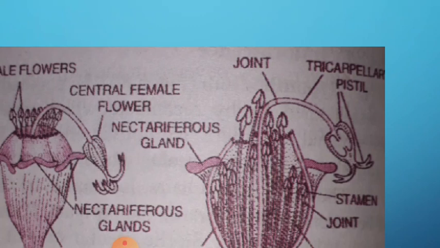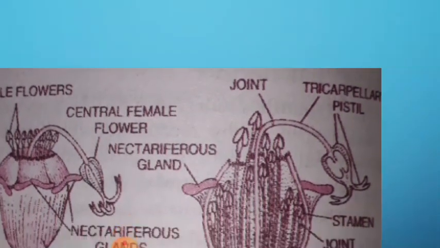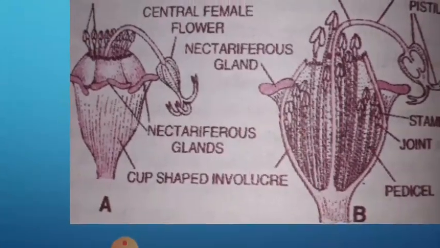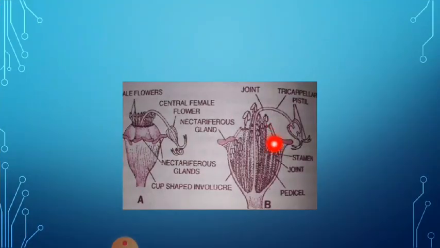So male flowers here have single stamens. The joint between the two represents the thalamus.